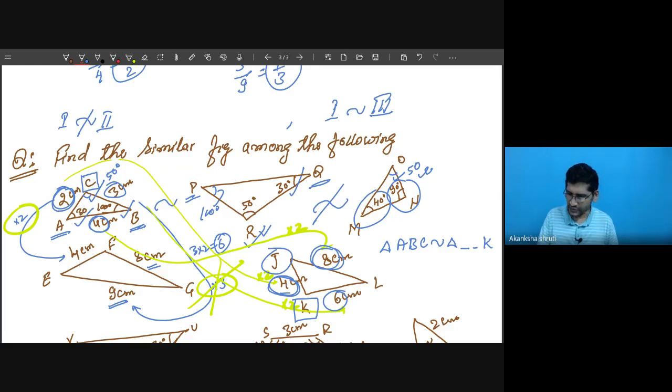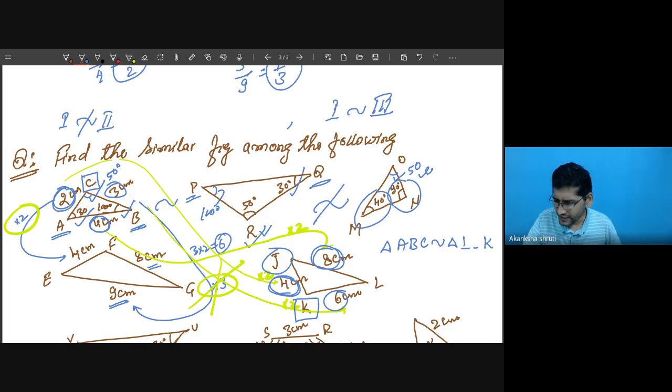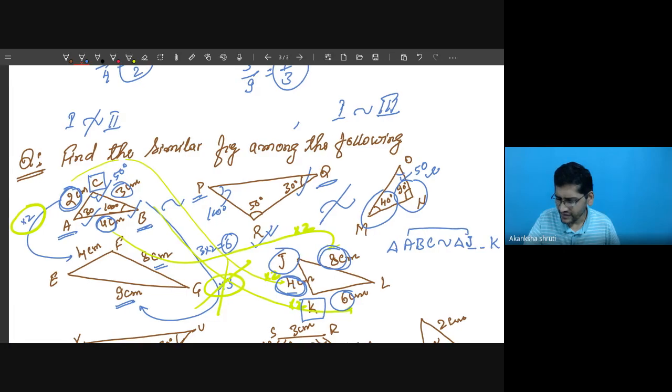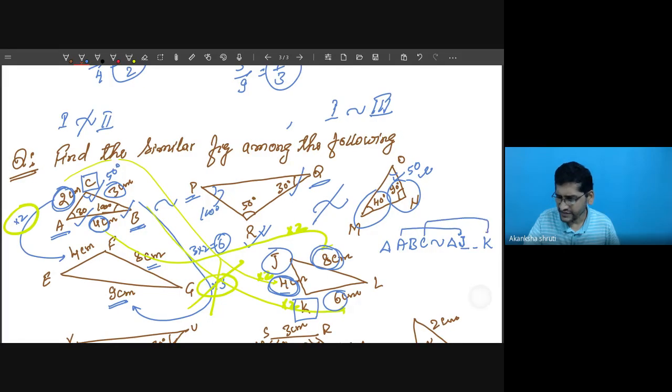So A is corresponding to J. So write J as the first one. And C we had determined earlier. And the leftover B, obviously, the B will also be matching with the leftover K. So middle one will be K. So this way you need to write.